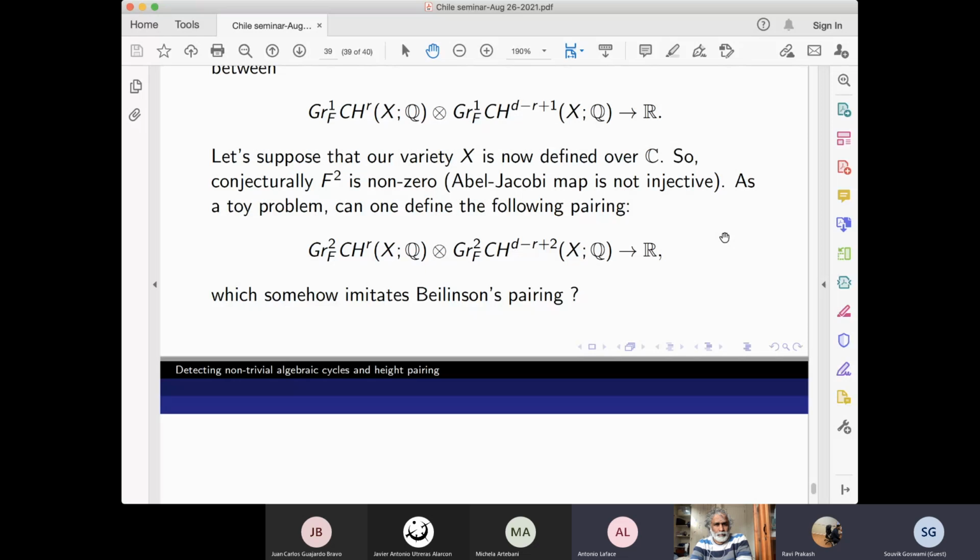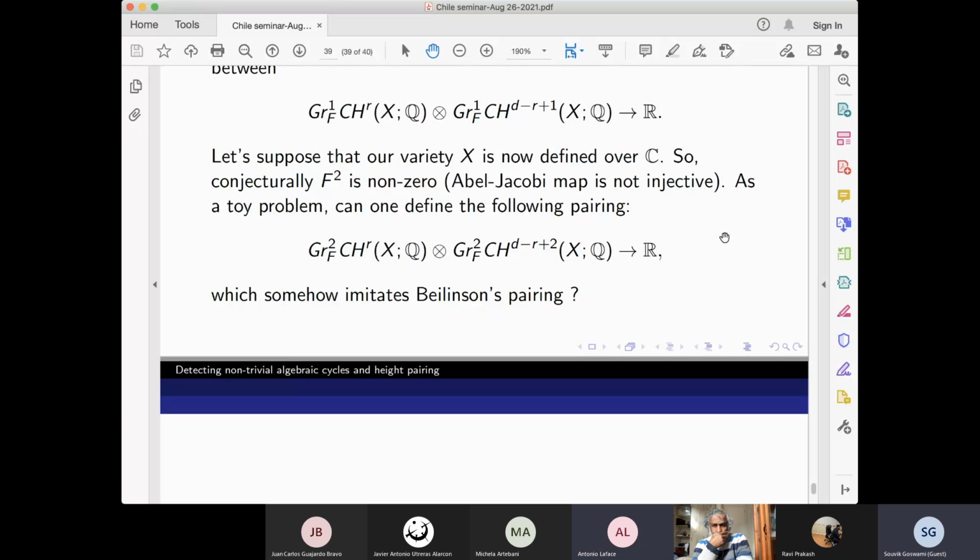Okay. Another vague question: I was expecting you could produce new cycles via this method. Did I get it correctly? Not new cycles. The thing is that even detecting, so suppose you have a Chow group, and I just give you an arbitrary cycle on a projective variety and ask you whether this cycle is 0 or non-zero.